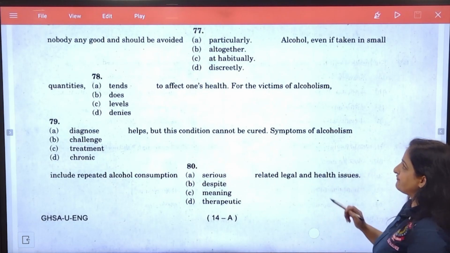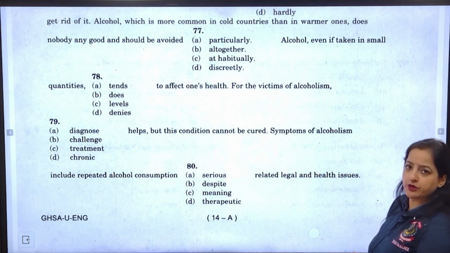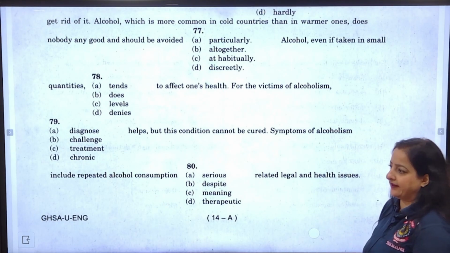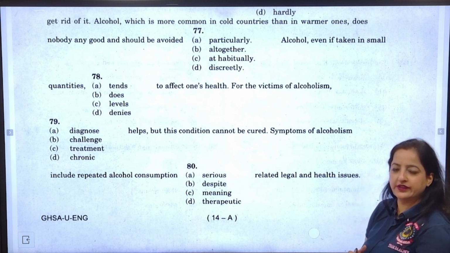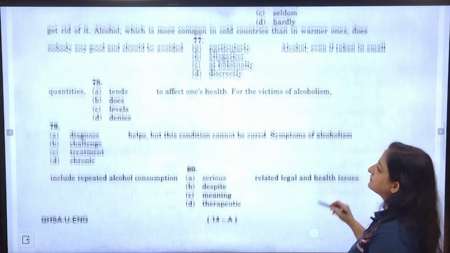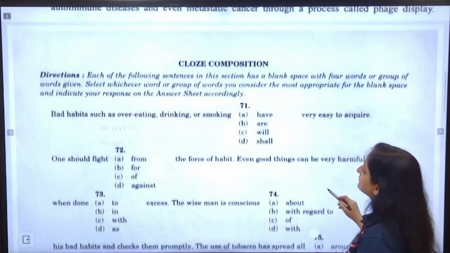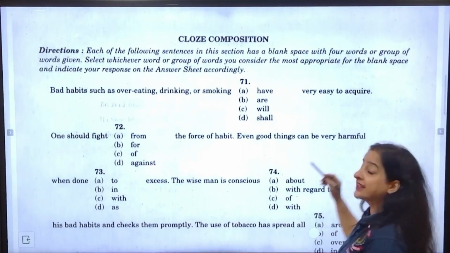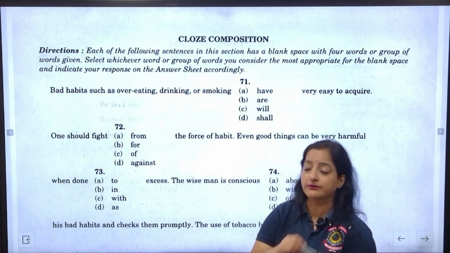Right, this much. Take a picture. Keep it with you. You should have notes with you. Okay. Let's start skimming. The first tip is skimming.